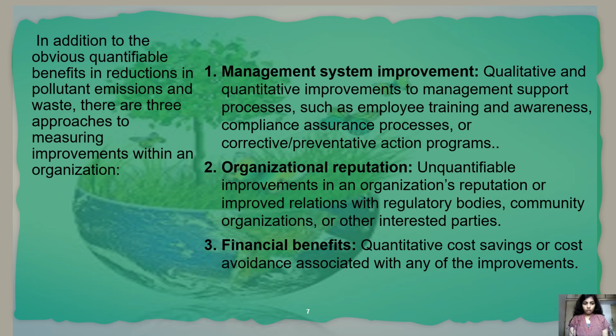In addition to obvious quantifiable benefits in reductions in pollutant emissions and waste, there are three approaches to measuring improvements within an organization, which are management system improvement, qualitative and quantitative improvements to management support processes such as employee training and awareness, compliance assurance processes, and corrective or preventive action programs.